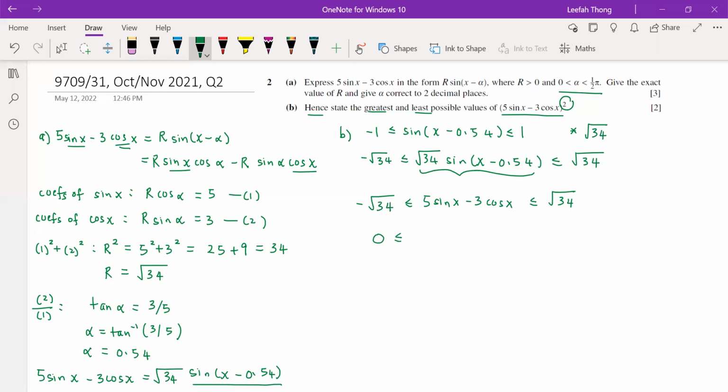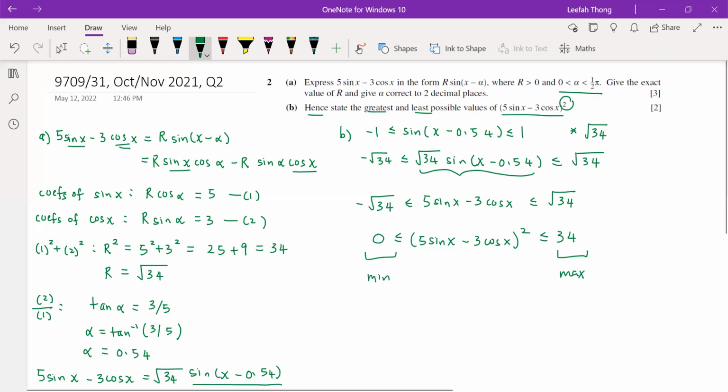So squaring will result in a minimum value of 0. And when we square the square root of 34, that will give us 34. That is the maximum value, and 0 is the minimum value.